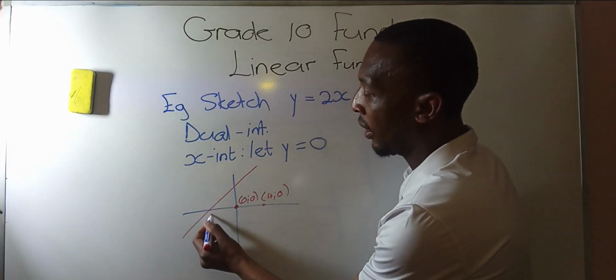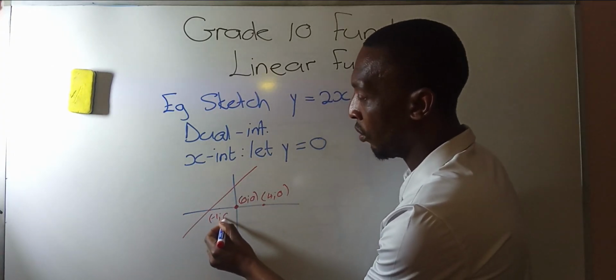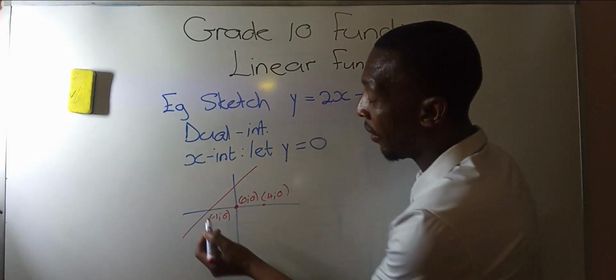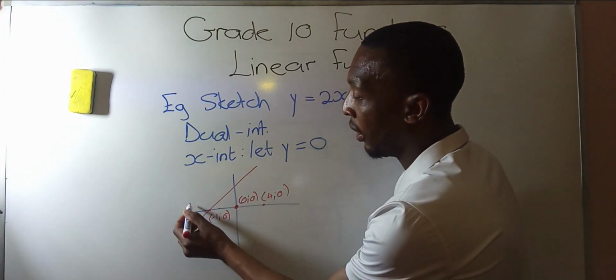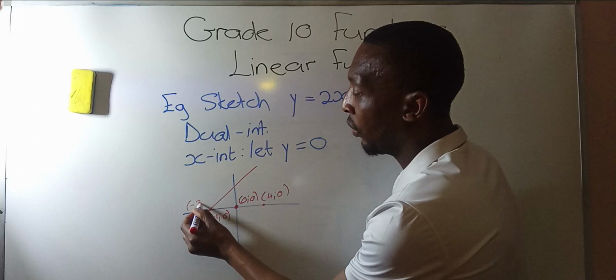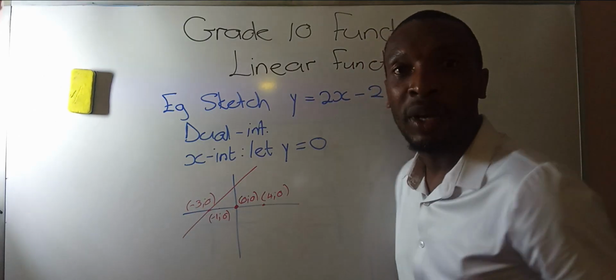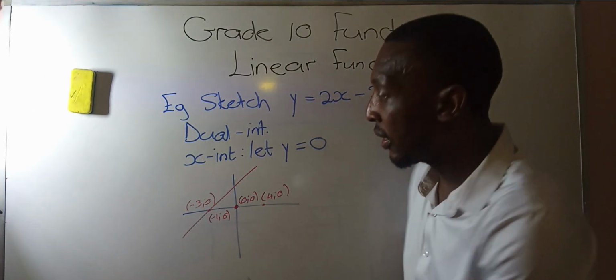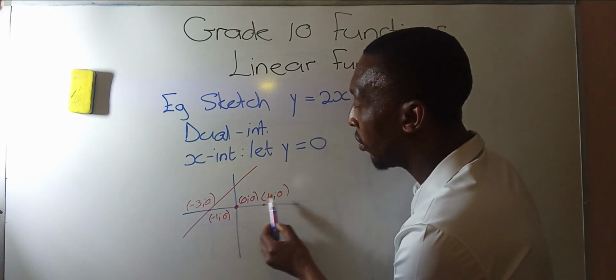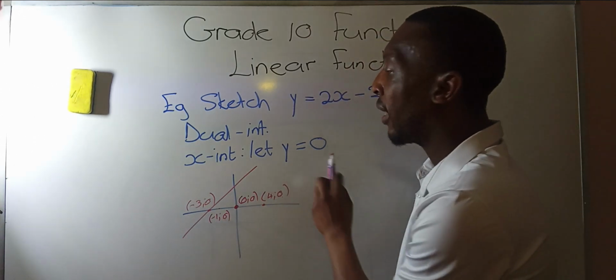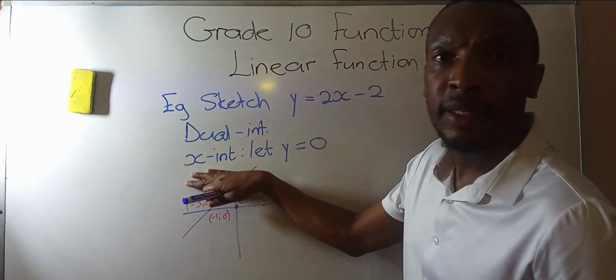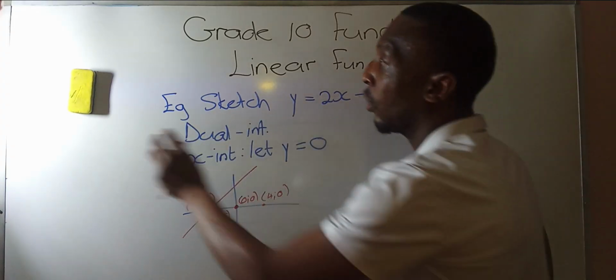This here, let's make it negative 1, 0, because it's on the x-axis. And this here, for example, would be, I don't know, negative 3, 0. So you see what is common to all those points is that they have a y-coordinate of 0. Okay, so that is why we say in order to find the x-intercept, we let y be equal to 0.